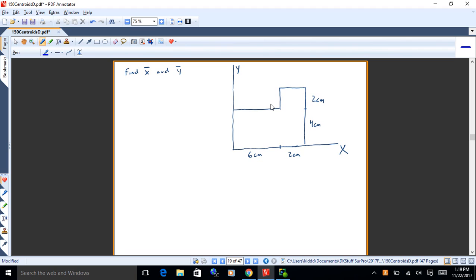So just a rectangle with another piece on it. Let's find x bar and y bar.